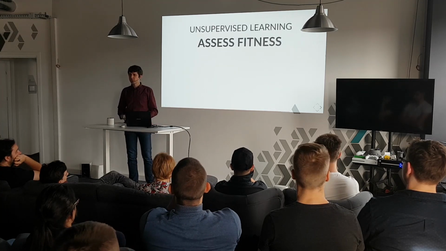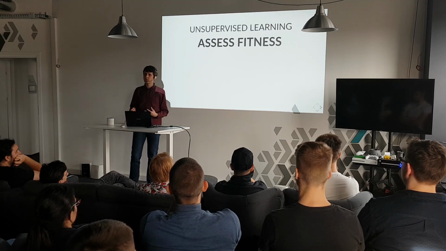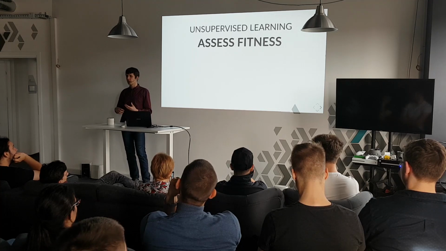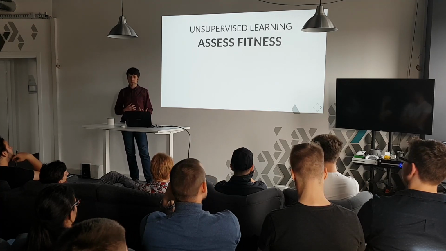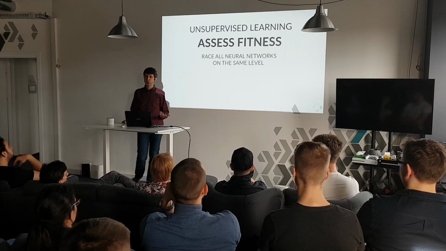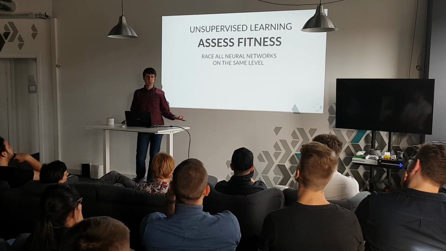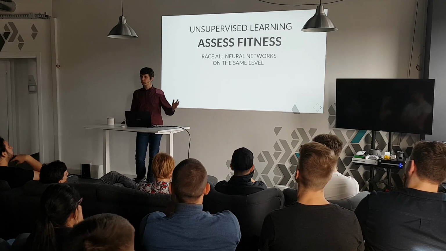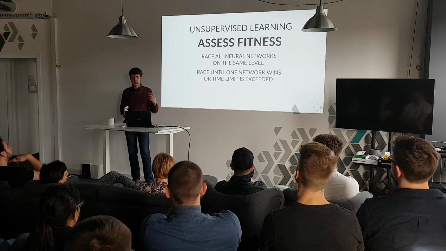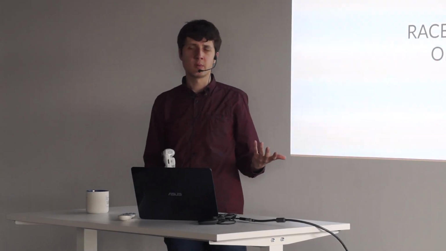Now I need to assess fitness, and now my target is not to behave like the pilot. Now I want the networks to be as good as possible in traversing the level. So what I'm doing is I'm just racing them all on the same level. I generate a random level, and I make all the networks race on it at the same time. And they are racing until one of them reaches the end of the level, or until the time limit is exceeded.